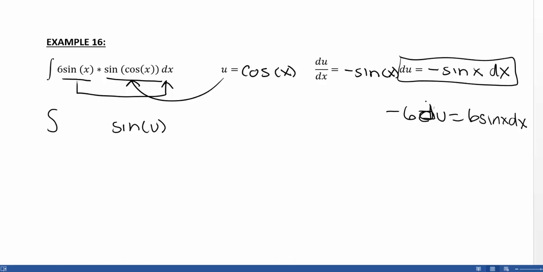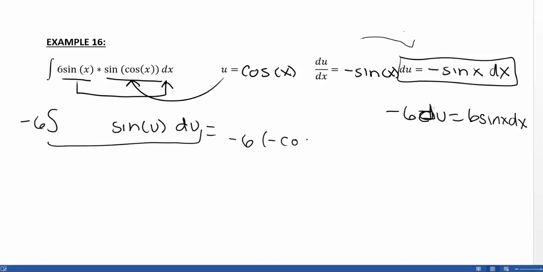Now that we have it matched up, and we have on the right-hand side what we need to plug in, I know that I can substitute in a negative 6 du. I'm going to put my negative 6 in front because I like my constants in front. The constant multiple rule says that the negative 6 will multiply the antiderivative of sine u du. Remember, the antiderivative of sine is negative cosine.